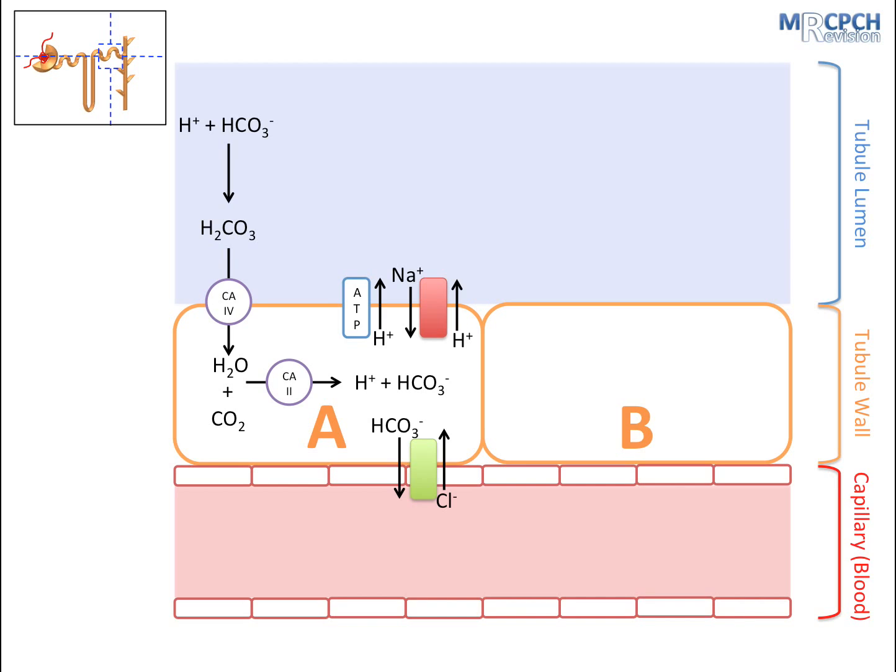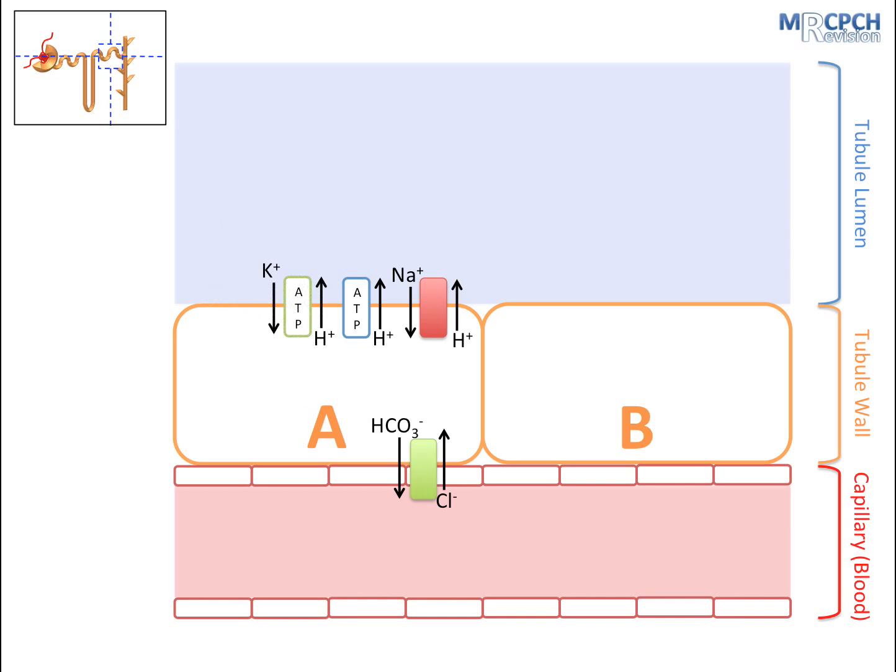Unique to the type A intercalated cell is a potassium-proton exchange ATPase. So here you can see that in the type A cell, we can secrete the protons generated by the carbonic anhydrase into the urine in exchange for sodium, potassium, and it can be actively transported across on its own.